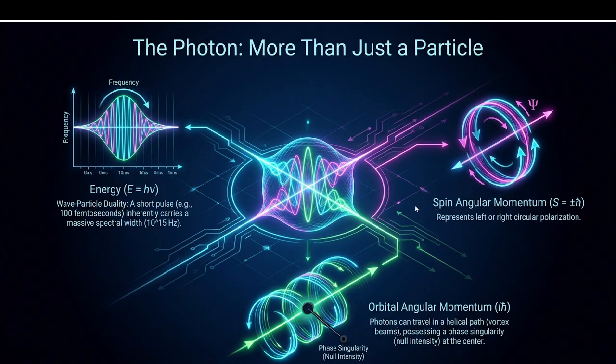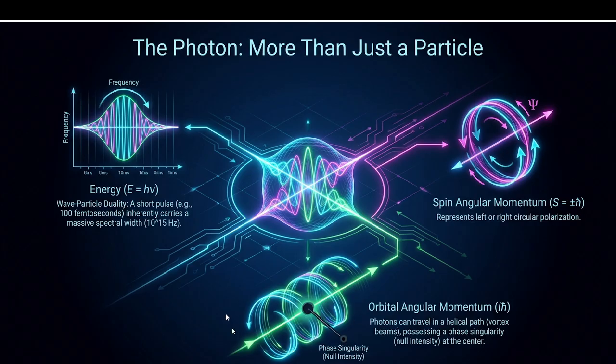Then the spin angular momentum: we have discussed that S is equal to plus or minus h cut, which represents left or right circular polarized light. Talking about the orbital angular momentum, it becomes L equal to l h cut, and this defines that photons can travel in a helical path.